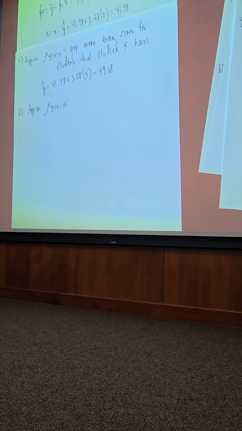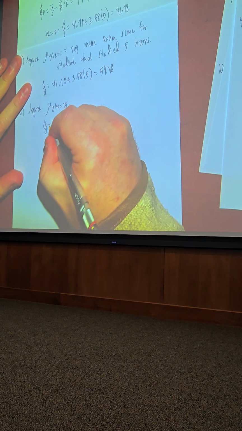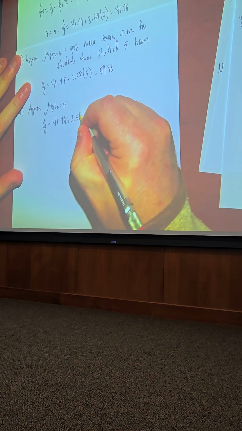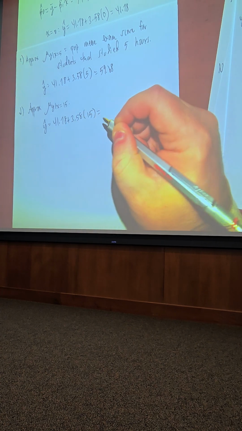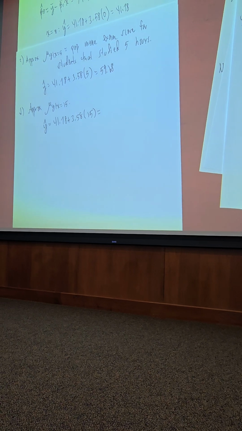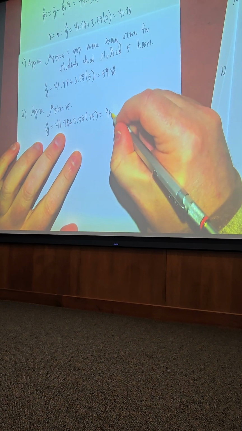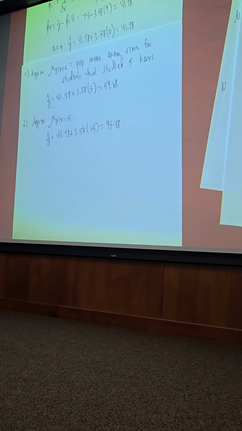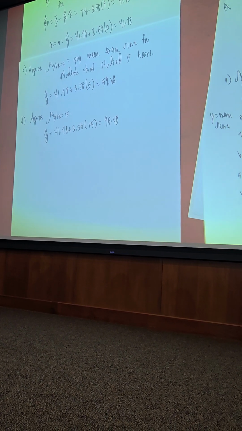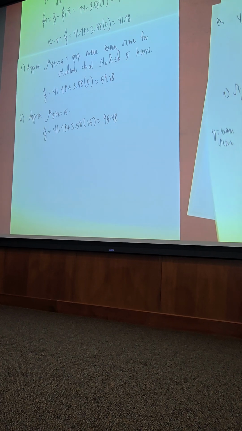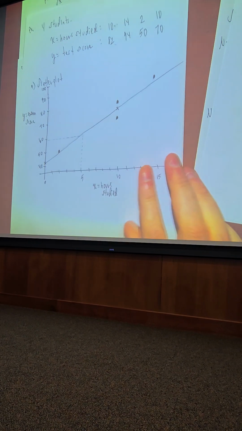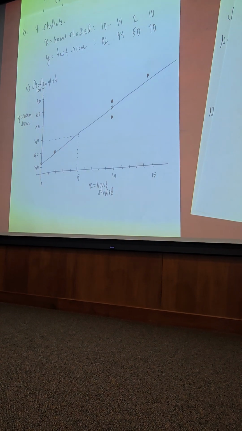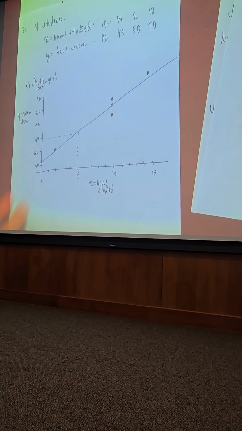So you just plug into your least squares regression equation, times 15. That gives you 95.40. Okay, good. And so what we just found was the height of my least squares regression line at 15 is right at 95.40. Perfect.